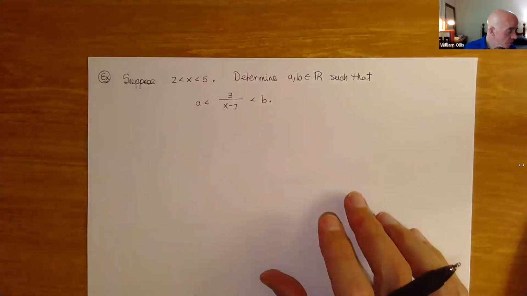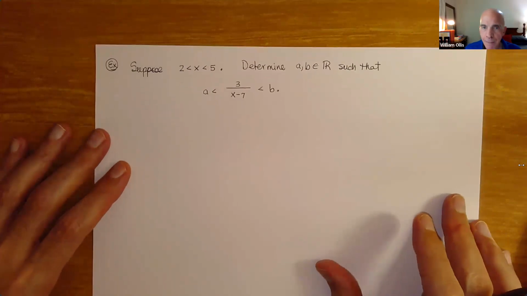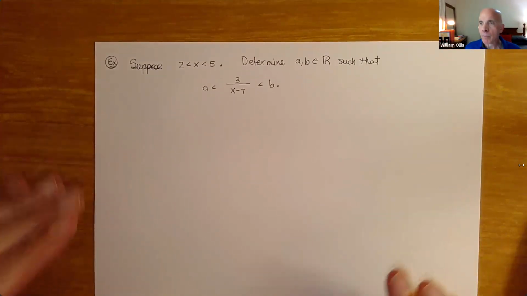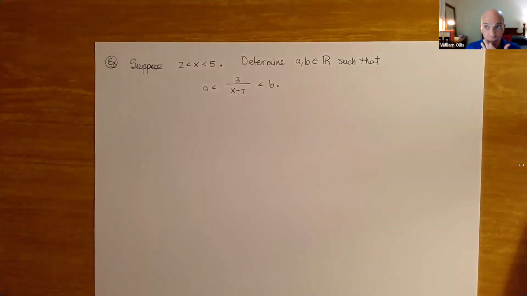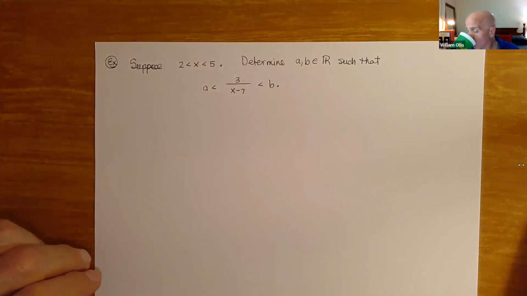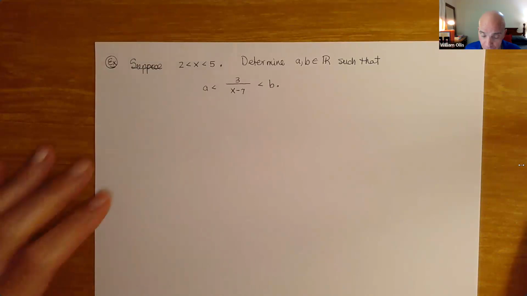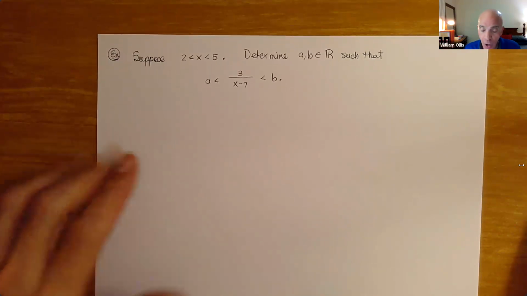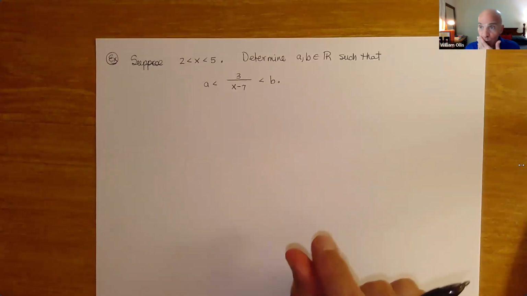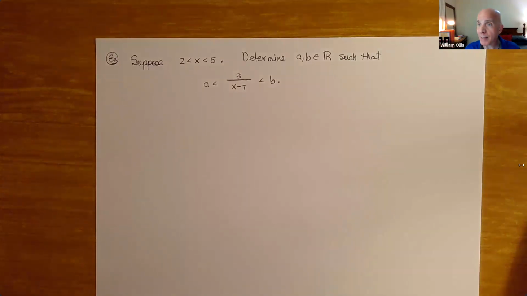So when you look at this, what we want to be able to do is to build this inequality, but we want to build it in steps. So just remember that the goal is this, but we don't just write it instantaneously.